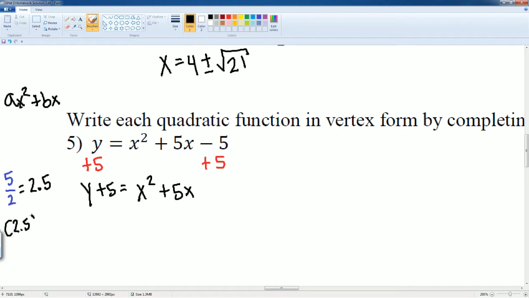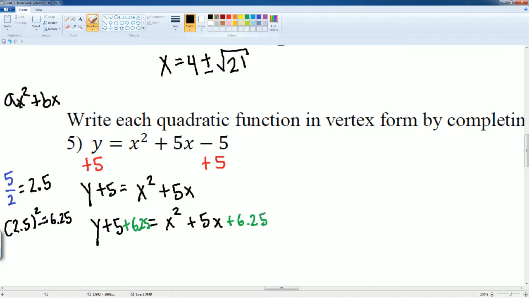So 2.5 squared is equal to 6.25. So we have y plus 5 equals x squared plus 5x. We now want to add 6.25 to both sides.